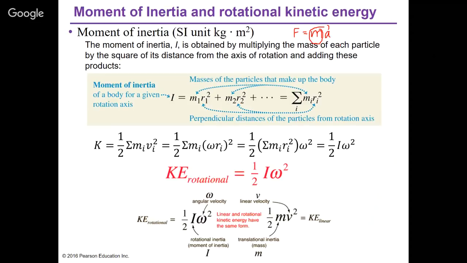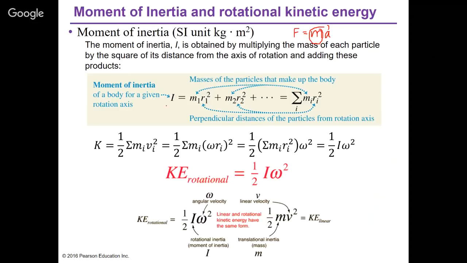Its direct analog is called the moment of inertia, and we use a capital letter I to denote it. It is obtained by multiplying the mass of each particle by the square of its distance from the axis of rotation, and adding these products up.